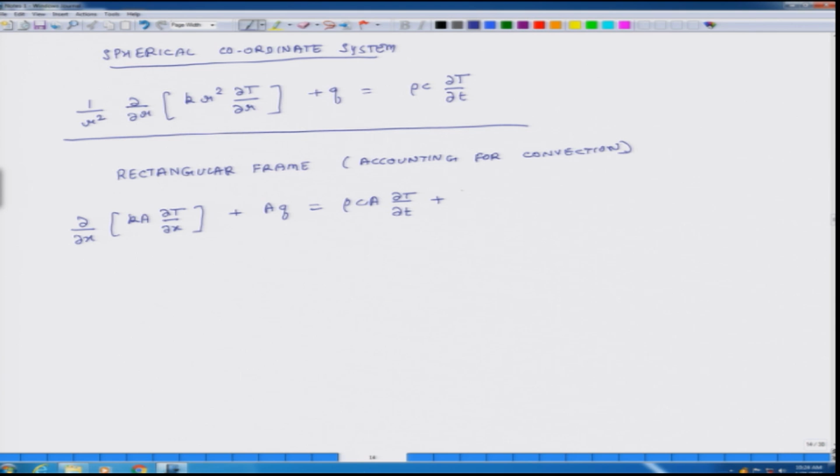and the extra term on account of convection is P times beta times T minus T infinity, and I will explain that.